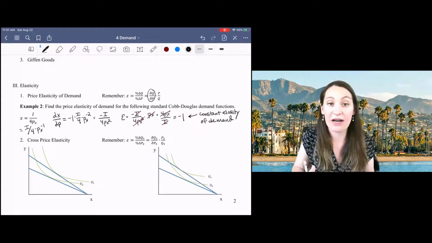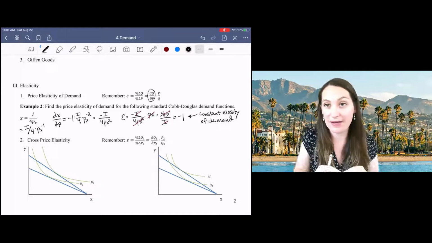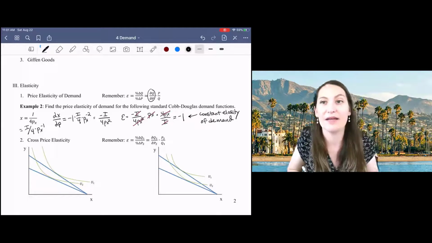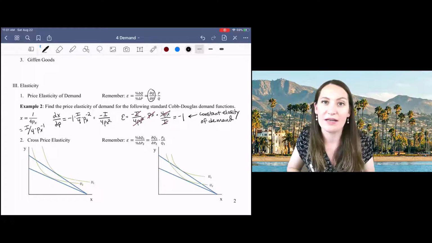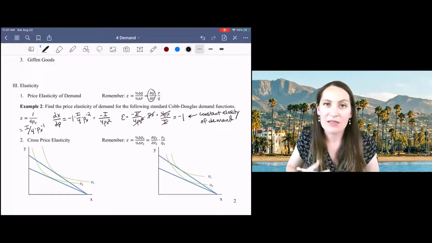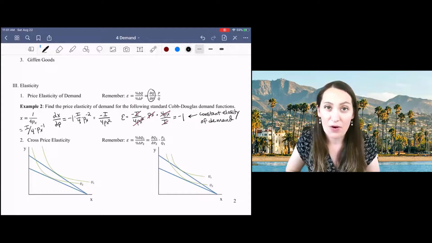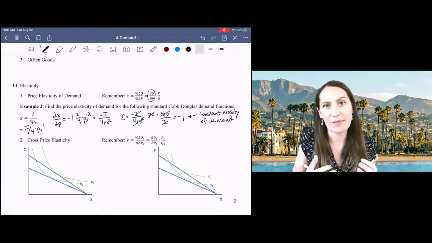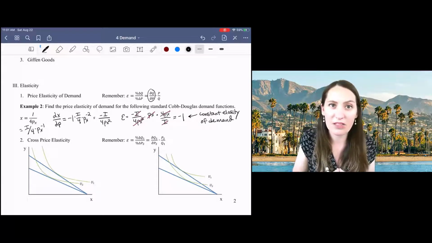So that's very unlike our linear demand curve where we had an elastic portion, an inelastic portion, and our unit elastic point at the middle. Here, demand is unit elastic at every point. Basically, with Cobb-Douglas, you're spending a fixed proportion of income on this product.